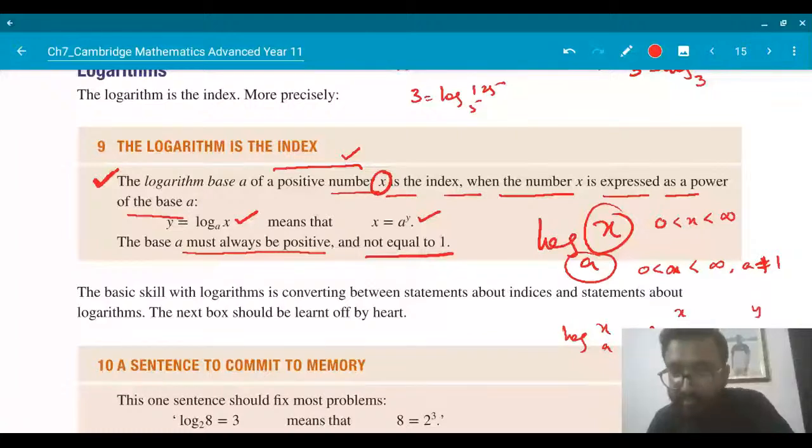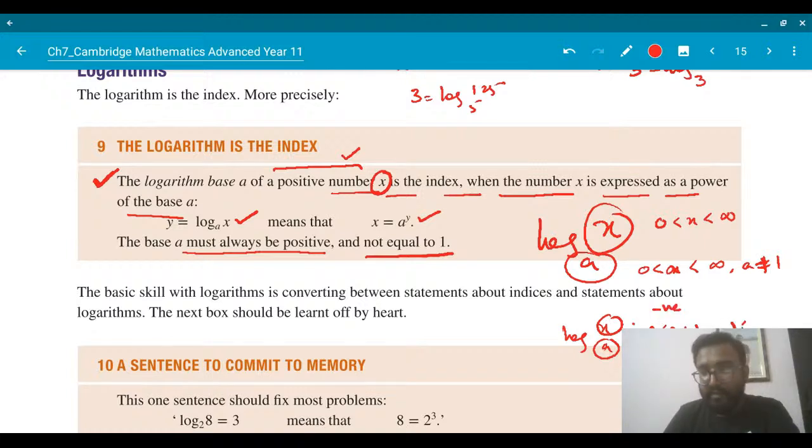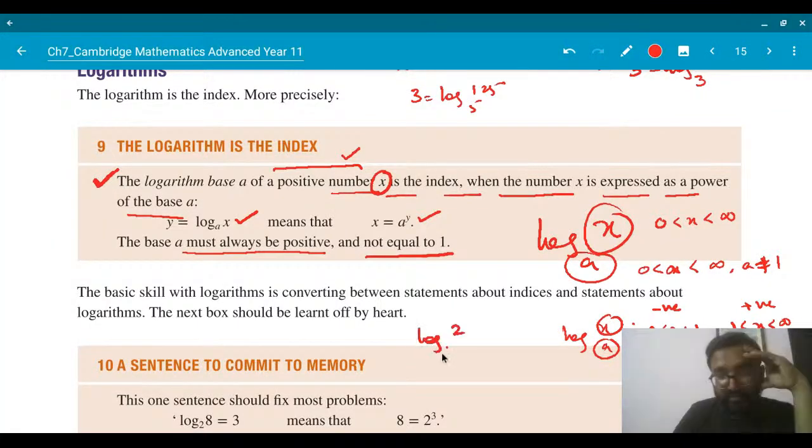If x lies between 0 and 1, the sign is negative. 1 less than x less than infinity, the sign is positive. 0 less than a less than 1, the sign is negative. 1 less than a less than infinity, the sign is positive. So now we can tell, log 2 base 3, is it positive or negative?